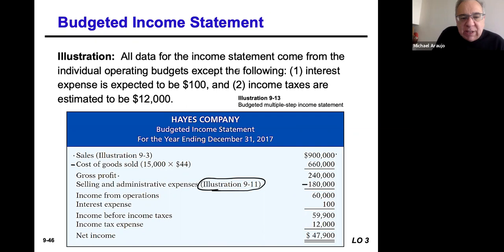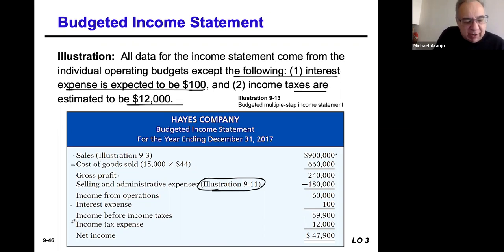And then two pieces of information are given to us. One, interest expense is $100. So we subtract out our interest expense first, give us our income or profit before income taxes. Income taxes are given to us as 12 grand.